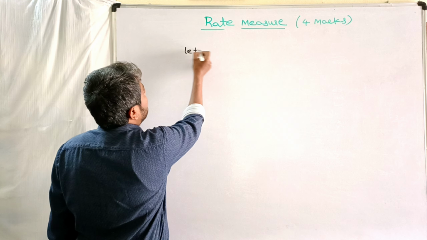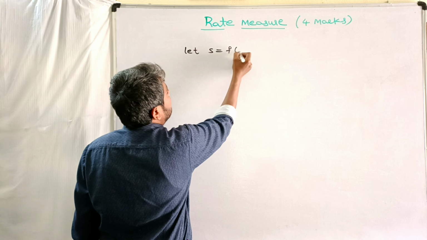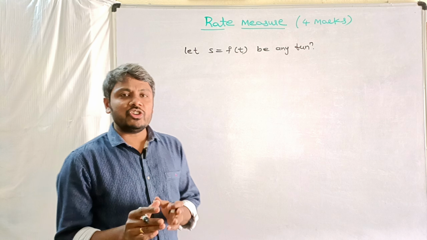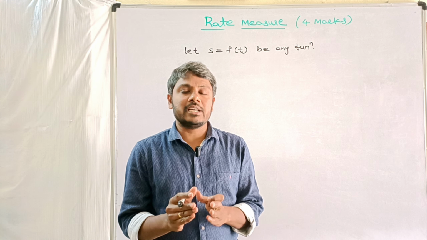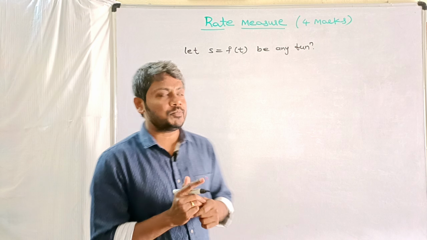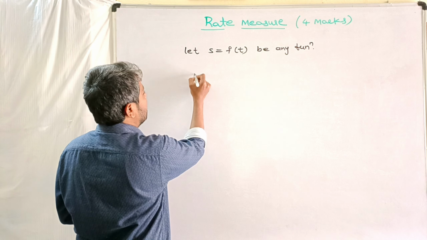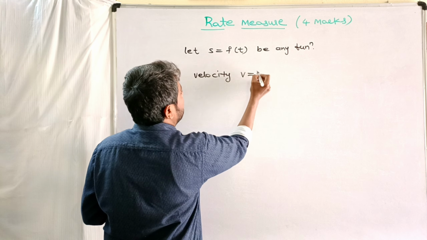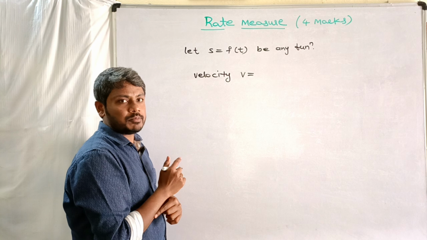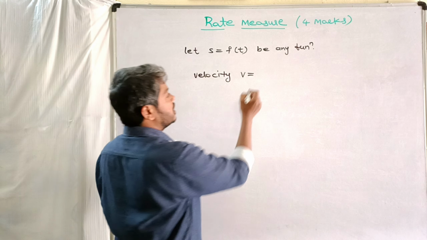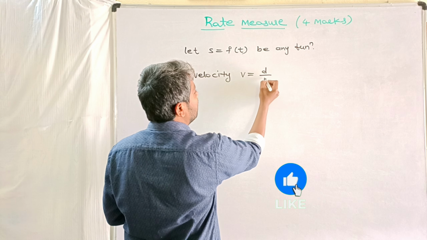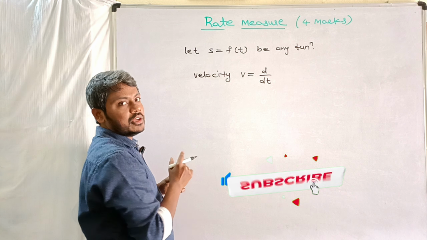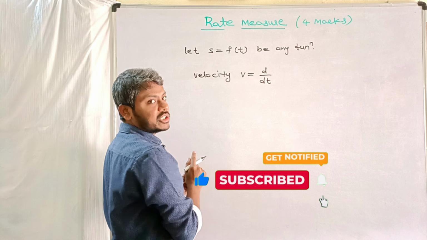Let s is equal to f of t, which is any displacement function. Next we know that velocity is the rate of change of displacement. So velocity v equals the rate of change of displacement function, which means the derivative d by dt, because the function is in terms of t, we have to differentiate with respect to t.